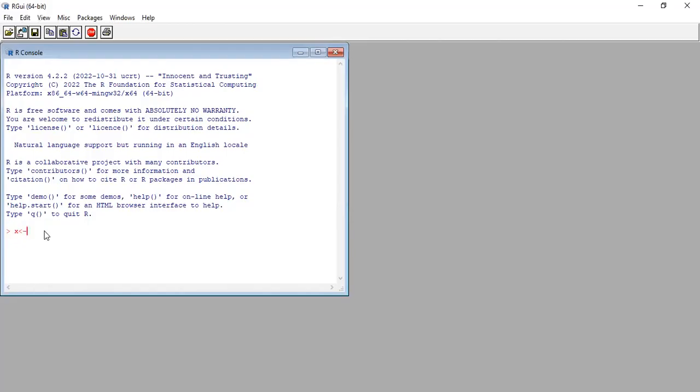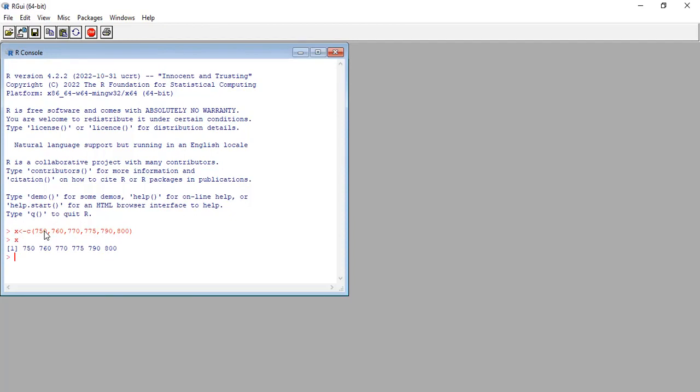Let's use the vector function and write our numbers: 750, 760, 770, 775, 790, and 800. So we have 6 numbers.